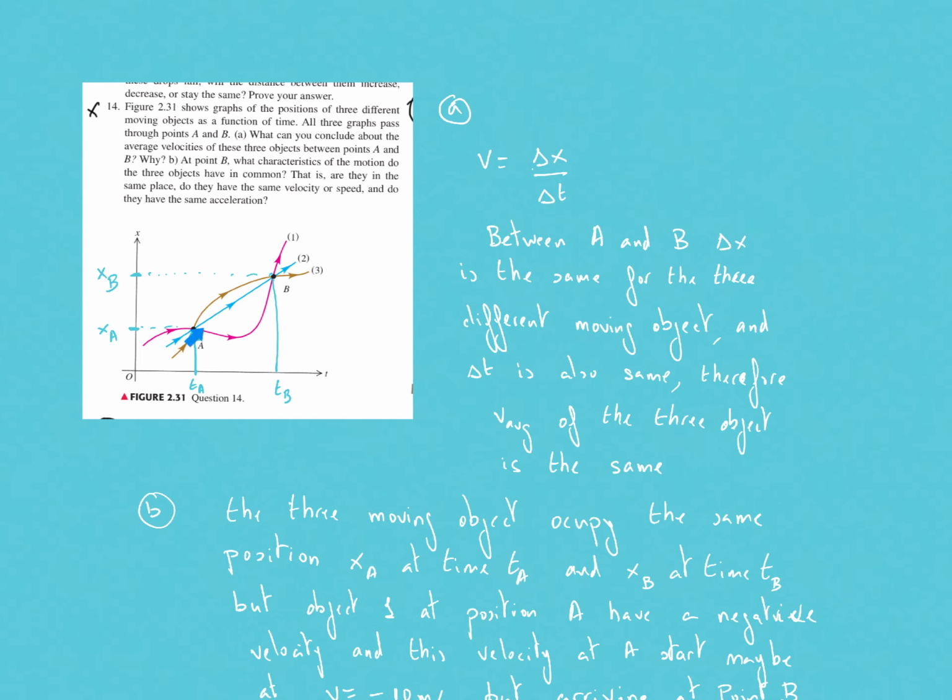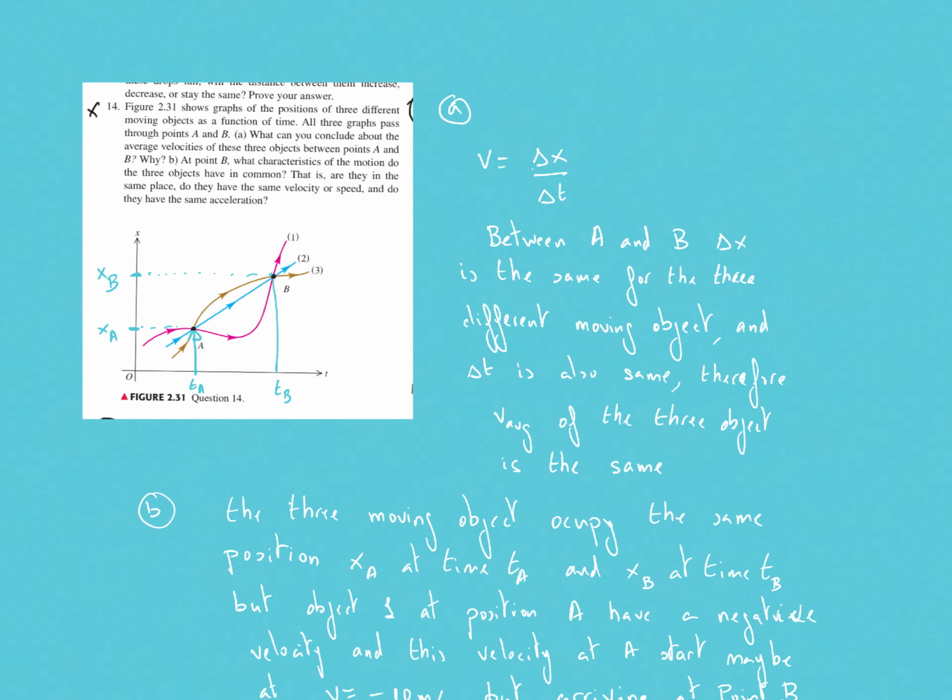So from minus 10, minus 9, minus 8, minus 4, minus 3, minus 2, minus 1, 0. And now the velocity becomes positive: plus 1, plus 2, plus 3, plus 4, plus 5. And when it arrives, maybe it arrives at a positive velocity, maybe 10 meters per second. So the difference is that at point A they have the same position, at point B the same position for the three objects, but different velocity.